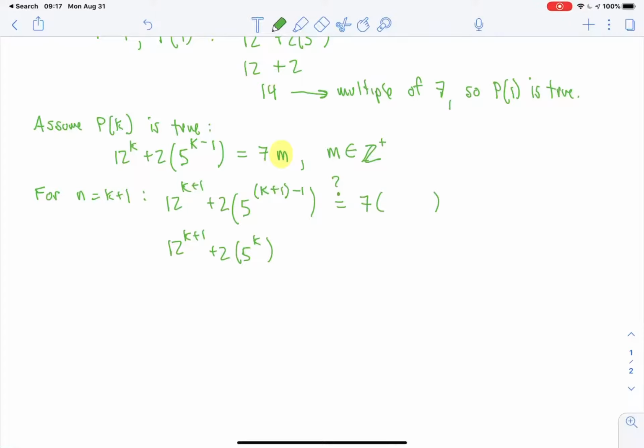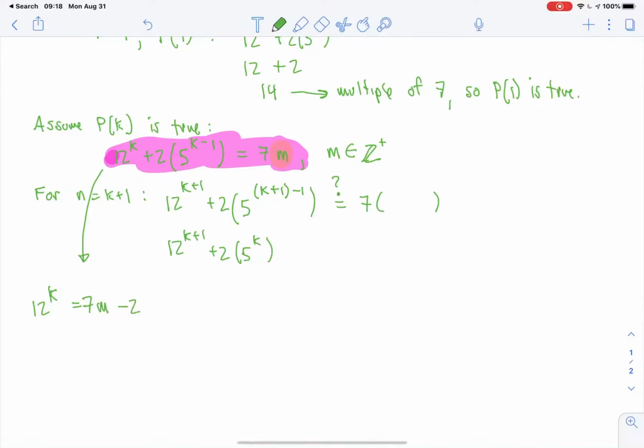Now, let's notice that if this statement above is true, this is the original statement there, then we can actually make a little substitution for 12 to the k. From this, we can actually show that 12 to the k is equal to 7m minus 2 times 5 to the k minus 1. This time we can do something to both sides because this we are assuming is true. So we haven't broken any rules there.